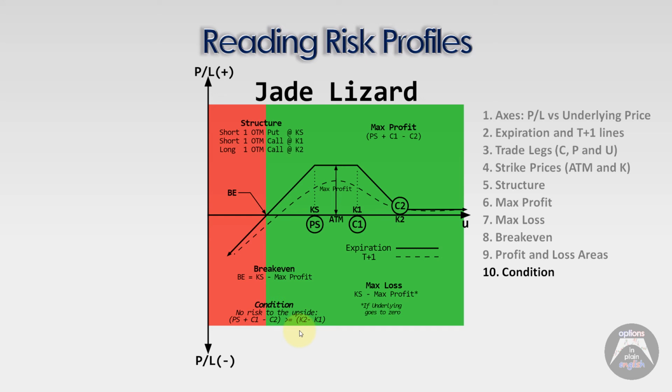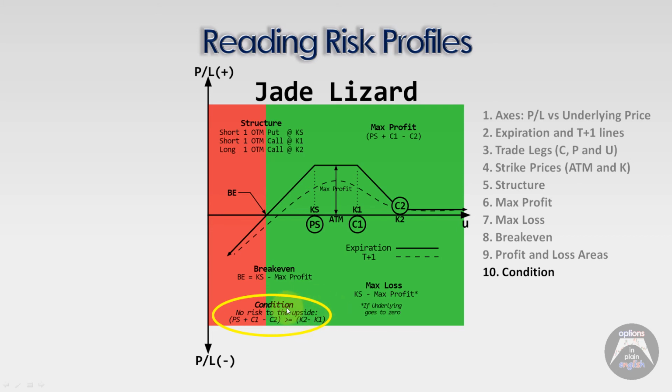So sometimes when you have a certain risk profile, you have a certain condition that needs to be met before you put it on. Otherwise, for example, all of this area wouldn't be profitable. For example, here the condition is, in order not to have risk to the upside, the PS plus the C1 minus C2 has to be greater than or equal to the difference between K2 and K1.